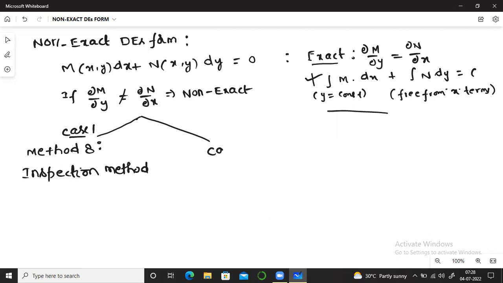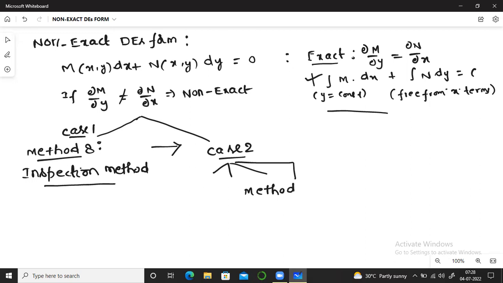Under case 2, there are different methods. If you are unable to solve the given non-exact differential equation by the inspection method, then you have to go for case 2, where again there are different methods.